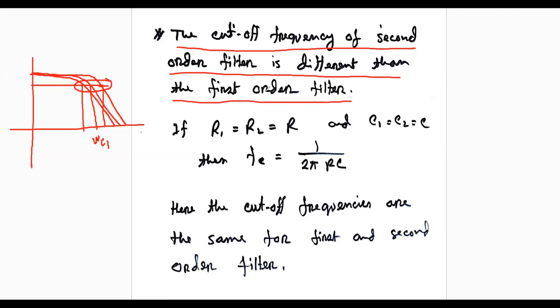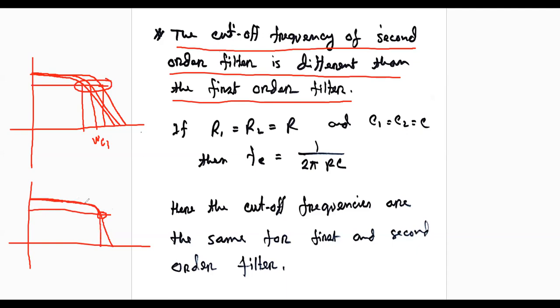But this is problematic. When we introduce a higher order filter, if this is a low pass filter and this is the cutoff point, the cutoff point should be fixed, though the slope may be steeper than the previous one.